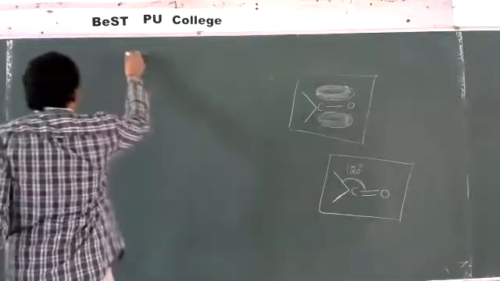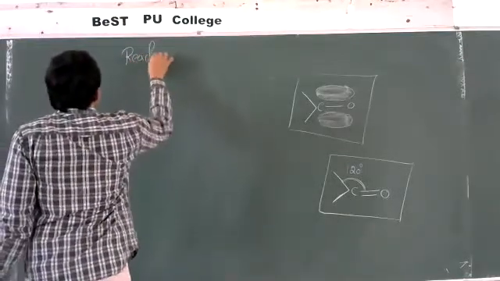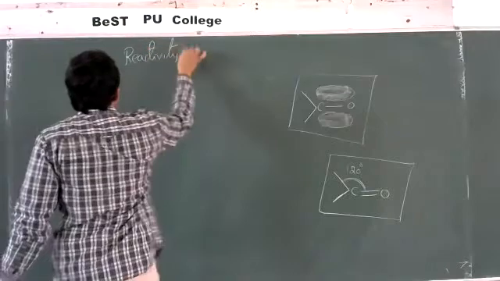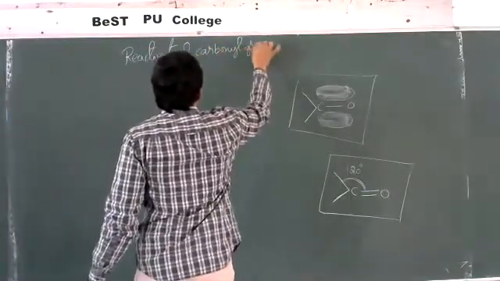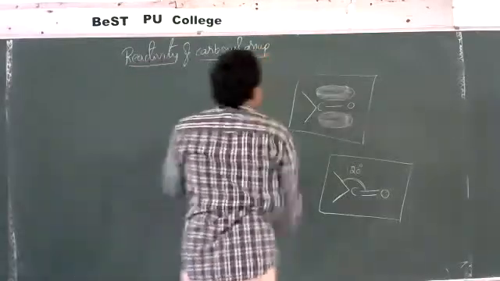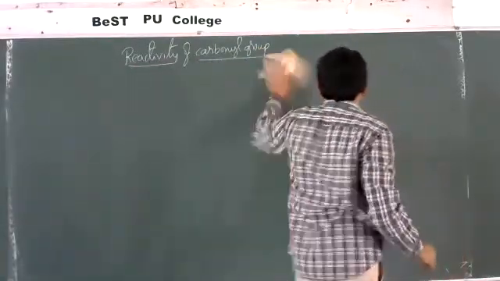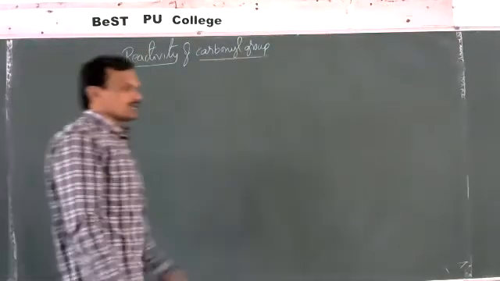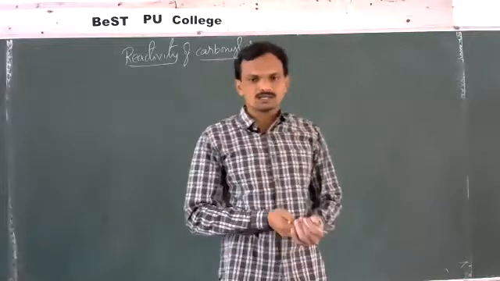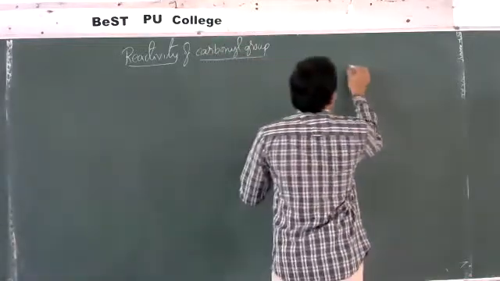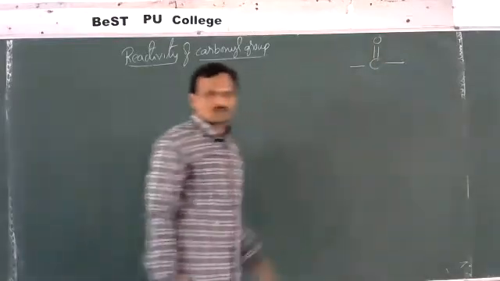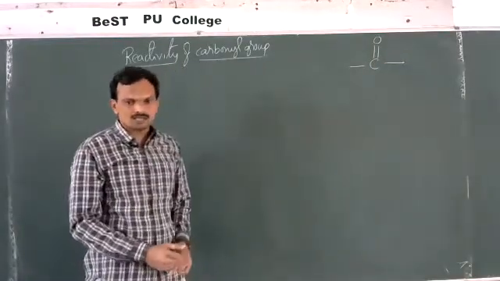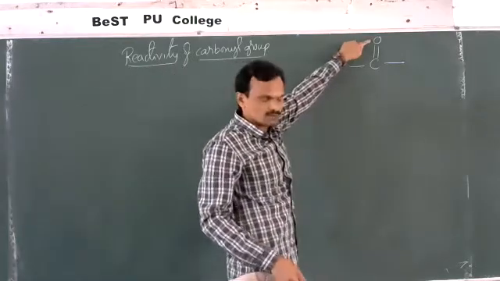Reactivity, this is an important one. Reactivity of the carbonyl group means what type of reactions are shown by the carbonyl compounds, that is both aldehydes and ketones. If you take a carbonyl group, C double bond O, among carbon and oxygen, the oxygen atom is more electronegative.